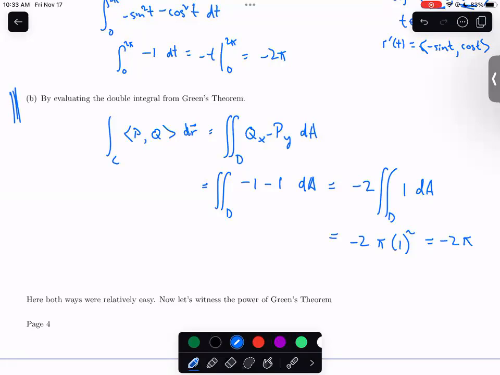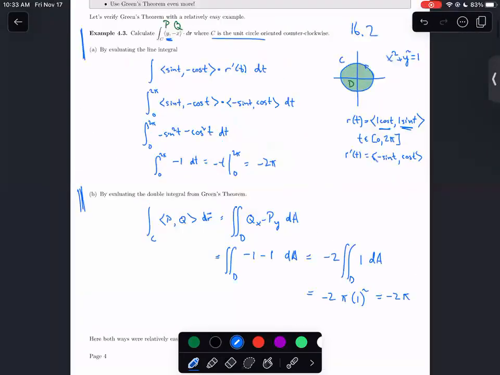Of course, if you had time and wanted to double check, you could evaluate that double integral, in which case you would do it in polar, because we're over a circle. So of these two, I would say maybe the second one's a little bit easier, but not by a ton. They both were doable in a reasonable time frame.